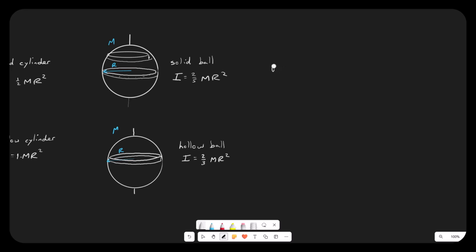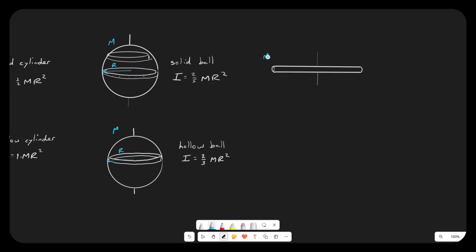If I have a bar, in some ways I'm back to that solid cylinder, but now instead of having the axis go through the cylinder this way, I'm going to have my axis go right here.